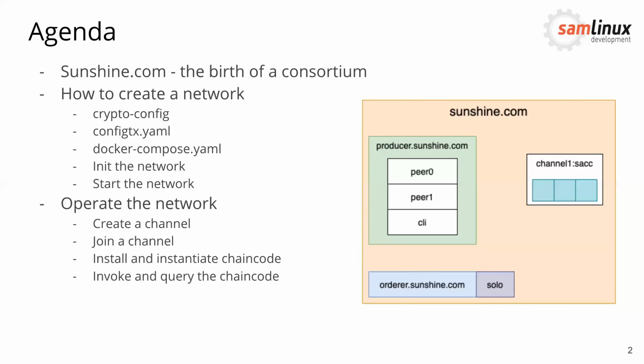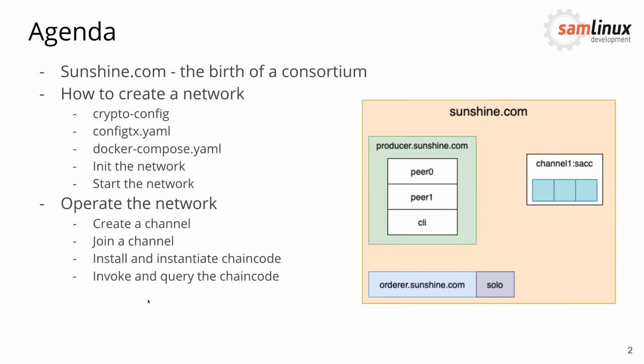We have to create the crypto materials, create the channel, create the Genesis block, and install and instantiate the chain code. Then we can query and invoke our chain code. That's also here in the operation part of the network: create channel, join channel, instantiate, and invoke query.